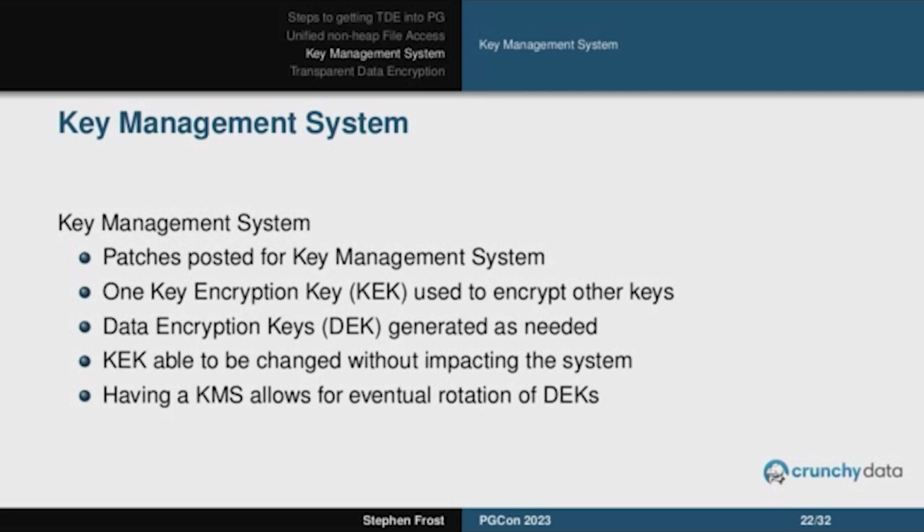Now, some of those keys we may also generate at runtime, right? An example of this would be temporary files or temporary tables. Those things that don't survive a restart of the system don't need to use a long-lasting data encryption key, right? Those could use a separate per-run data encryption key that we generate at time of run, and that also makes it easier for us to ensure that we don't end up repeating initialization vectors, which is important, because you can't repeat the combination of a key and an initialization vector.